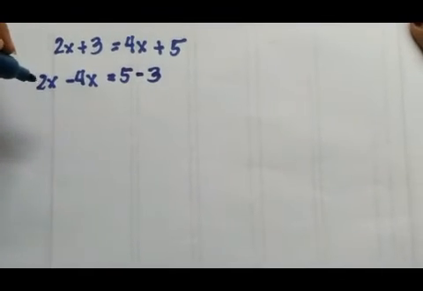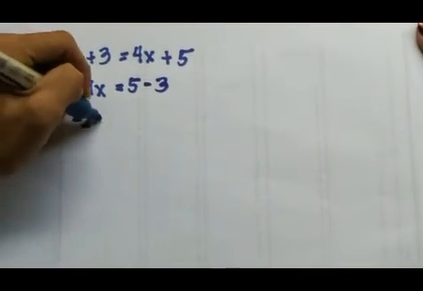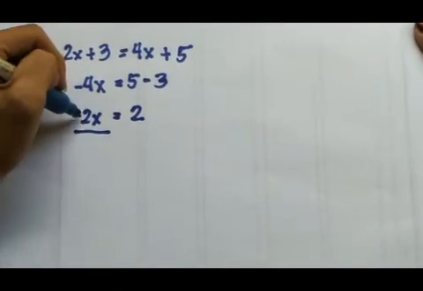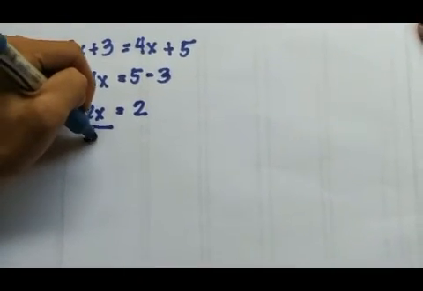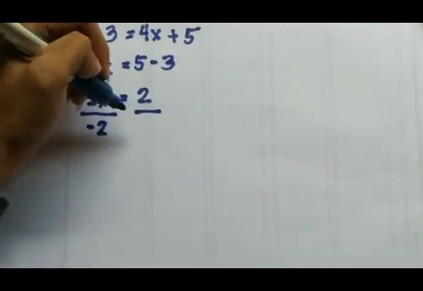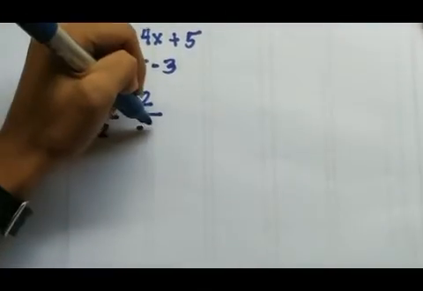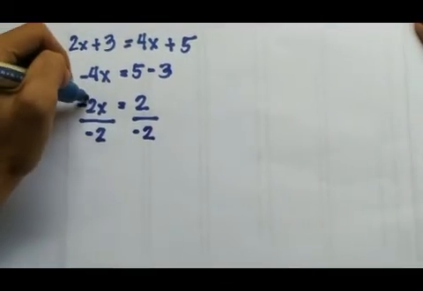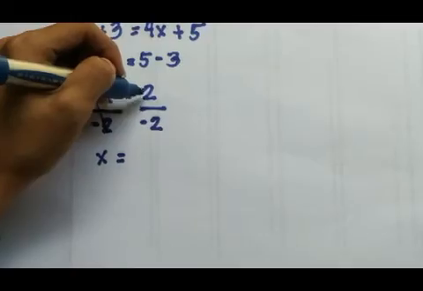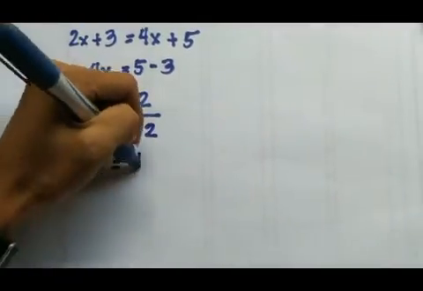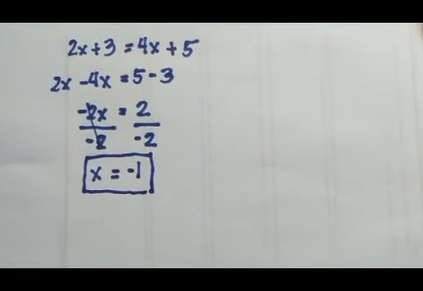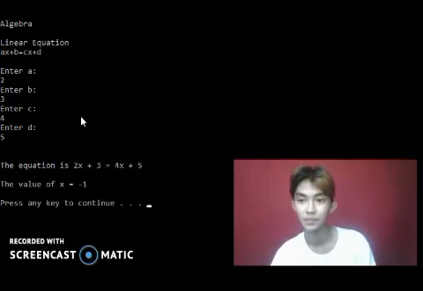So 2x minus 4x is equal to negative 2x, equal to 2. To get rid of the negative 2, we divide both sides by negative 2, so we cancel the 2s. So x is equal to 2 divided by negative 2, which is equal to negative 1. So the answer is x is equal to negative 1, and the program was right.